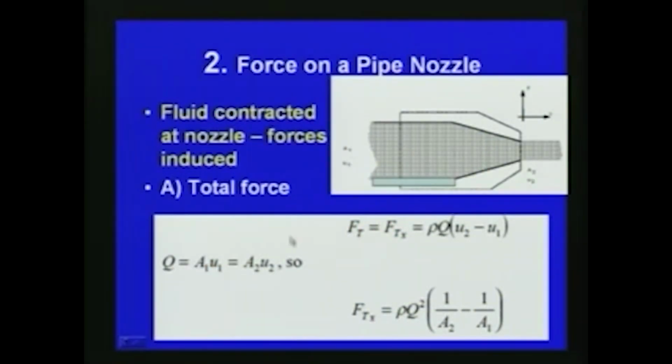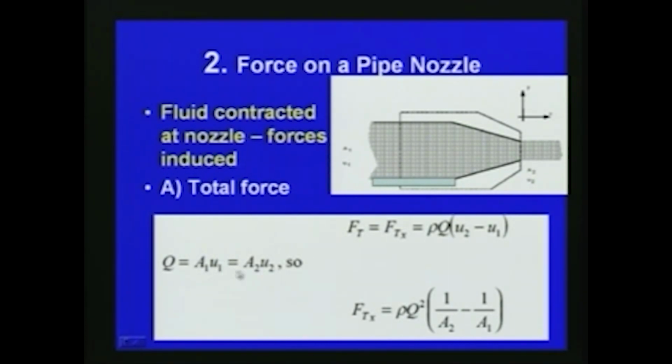Ft, or Ftx, is equal to the mass of fluid, rho into Q, where rho is the mass density and Q is the discharge coming from the pipe, into the velocity difference u2 minus u1, where u2 is the exit velocity and u1 is the entrance velocity. So the total force acting upon the pipe is Ftx equal to rho Q into (u2 minus u1).